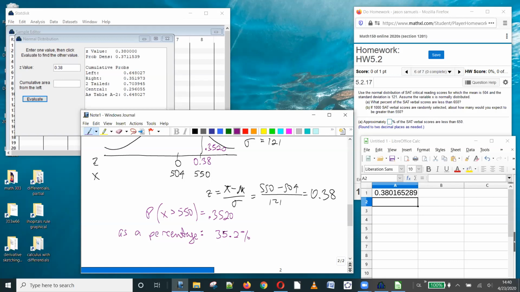But this asks something slightly more complicated, which says, if there's 1,000 scores, how many would you expect to be greater than 550? So how many out of 1,000? 0.3520 is the probability that one score is above 550.